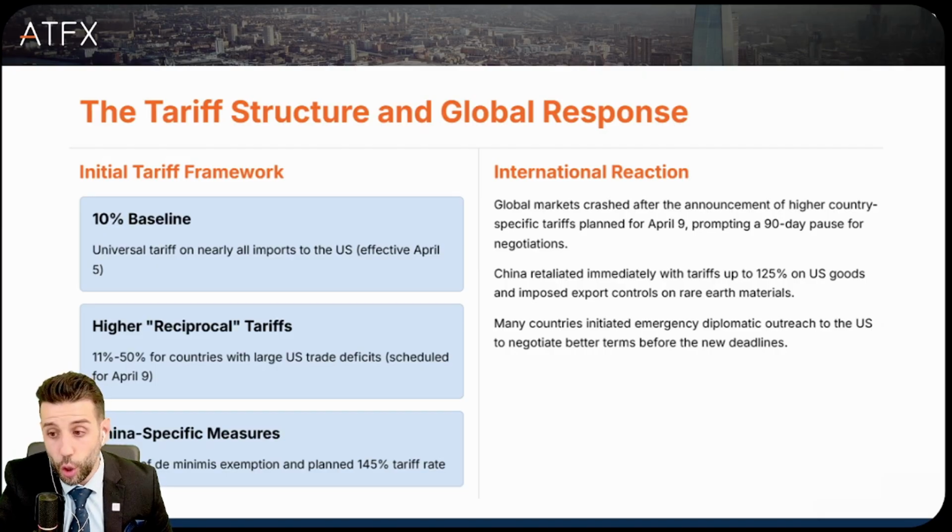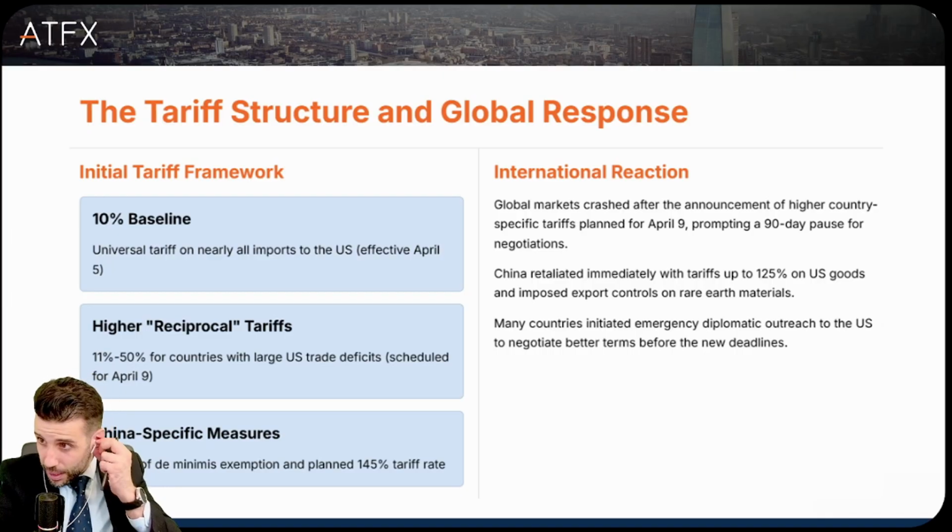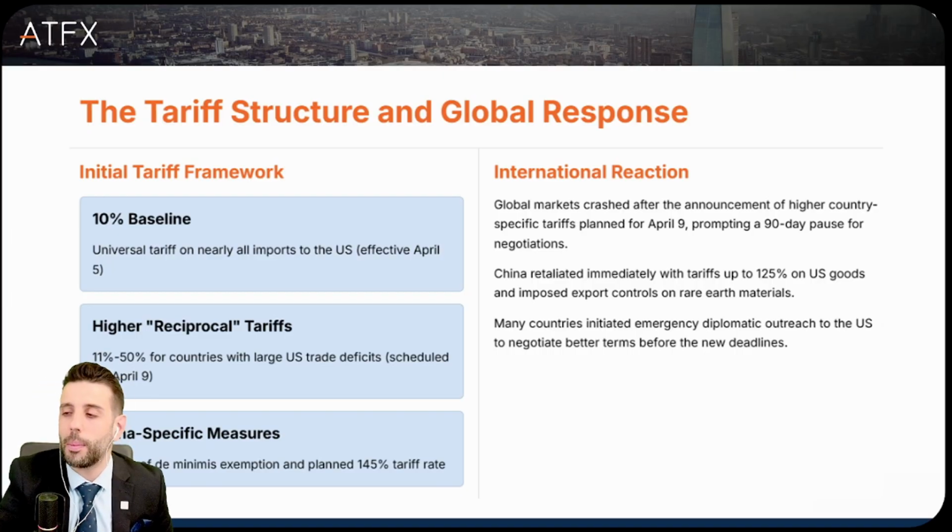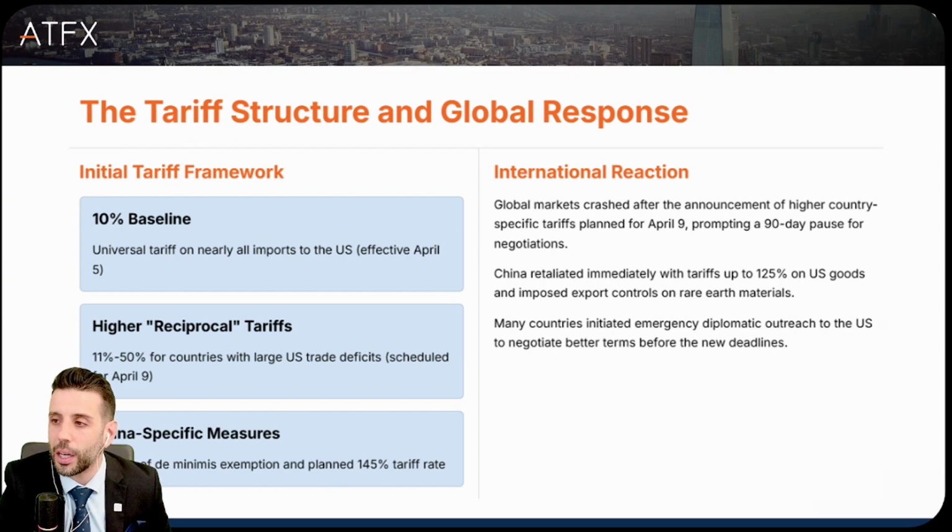China-specific measures: closure of the minimum exemptions and planning 145% tariffs on China, which was massive, and was the base of the trade war he initiated in 2018. International reactions: a global market crash after the announcement of higher country-specific tariffs planned for 9th of April, prompting a 90-day pause for negotiations.